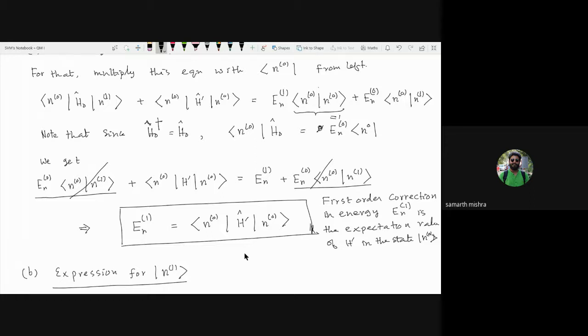That's what this means. The perturbation Hamiltonian is involved here. So the change in energy depends on H prime. Correct. This is the perturbation Hamiltonian.